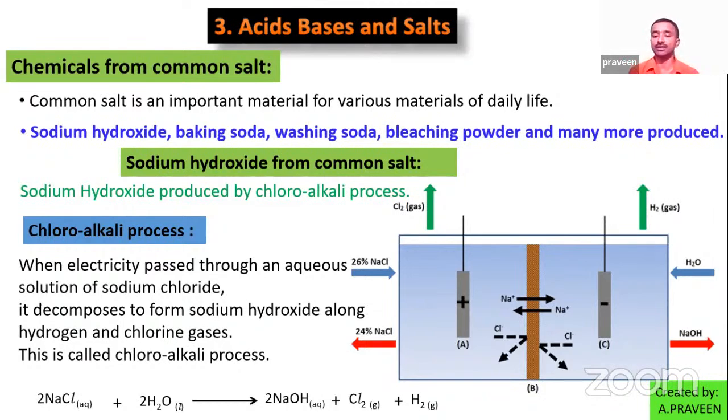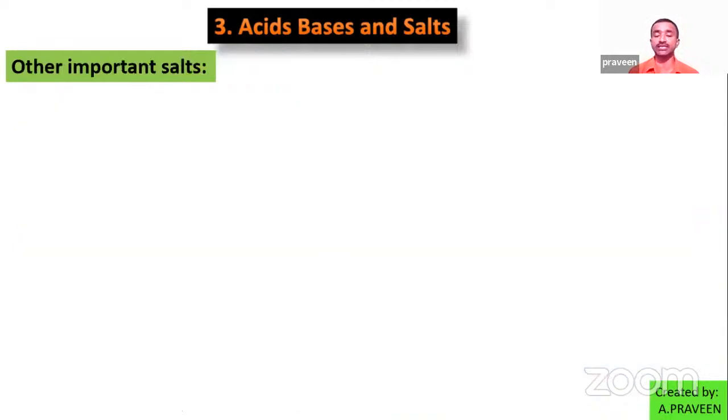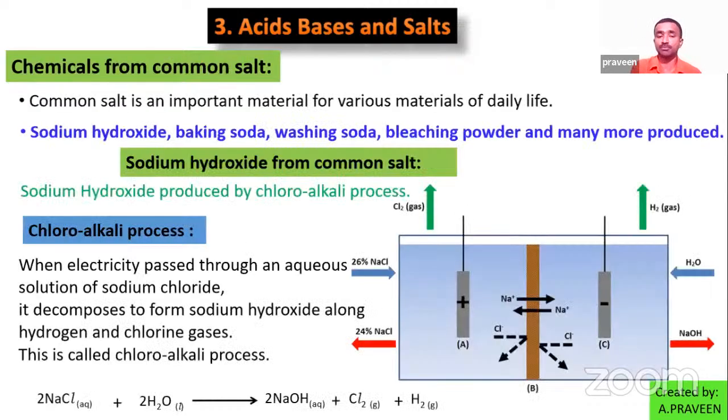Then the next topic is other important salts produced in this reaction, simply the preparation of bleaching powder. So how do you produce this bleaching powder? Before that, in the previous part we learned about the production of sodium hydroxide, chlorine and hydrogen gases.